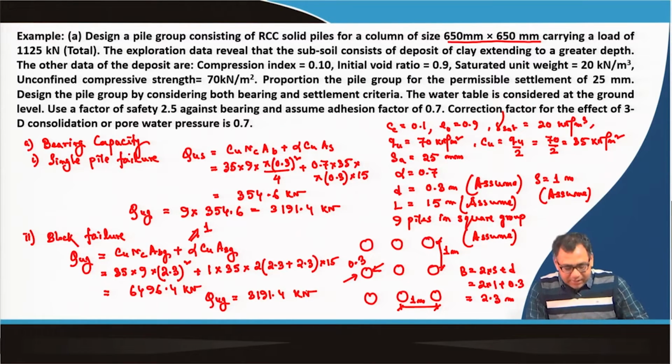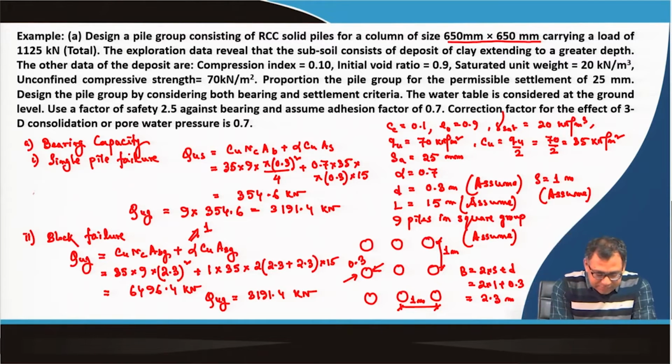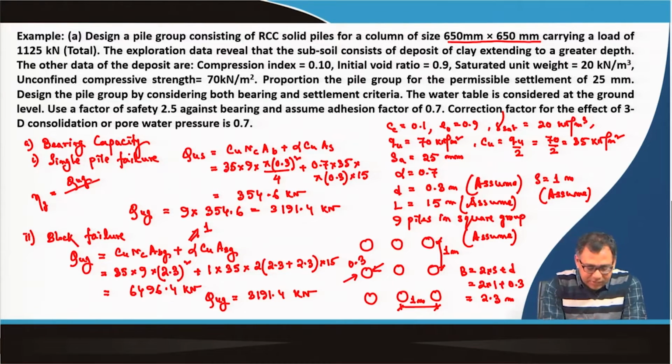And remember that, as I mentioned in my previous lecture, the efficiency of the pile group is the pile load carrying capacity considering the block failure or the group, divided by the number of piles into the load carrying capacity of the single pile.